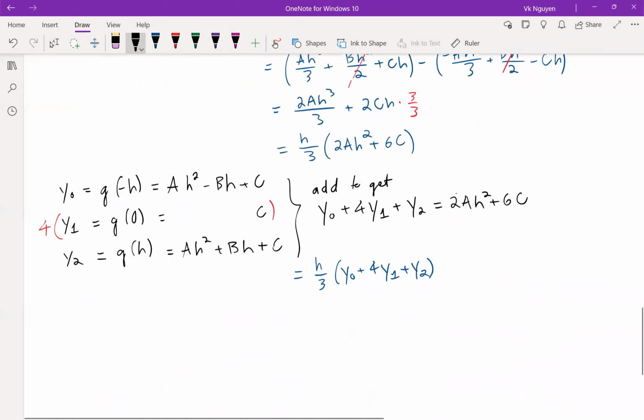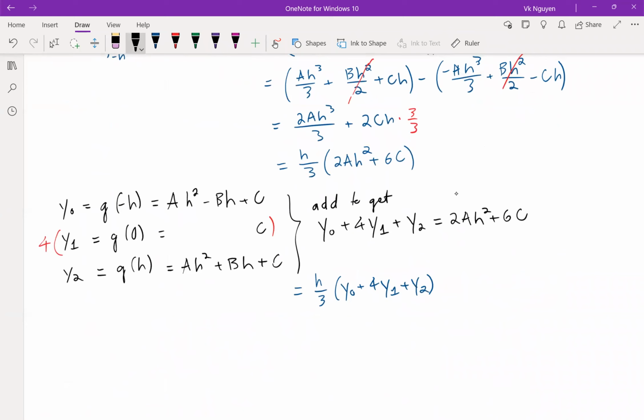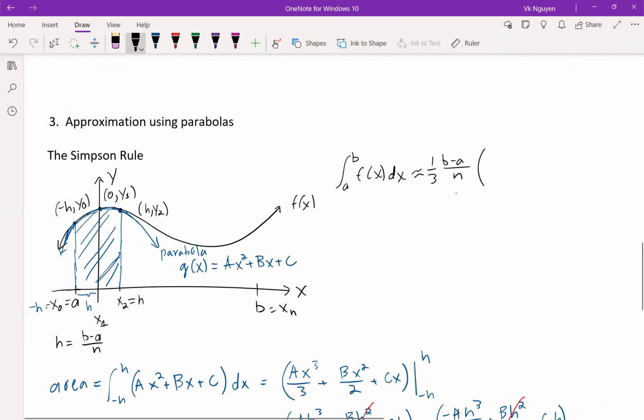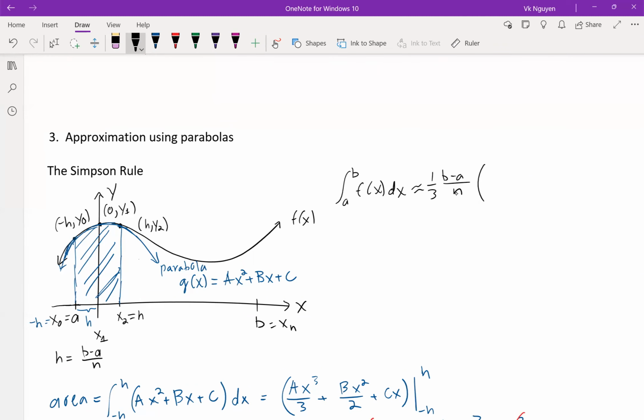In here we have y0 plus 4y1 plus y2. The next area y2, 4y3, and y4, so on, so forth. Add them all up and we have y0 plus 4y1 plus 2y2 plus 4y3 plus, and so on, plus 2y(n minus 2) plus 4y(n minus 1) plus y sub n.